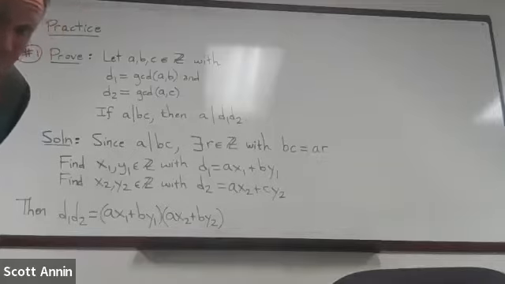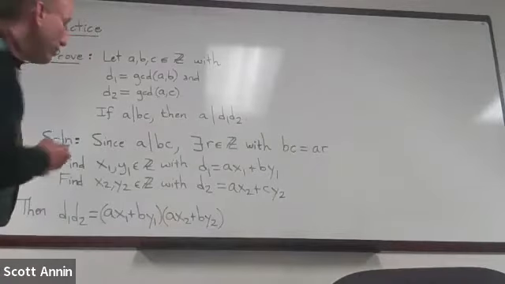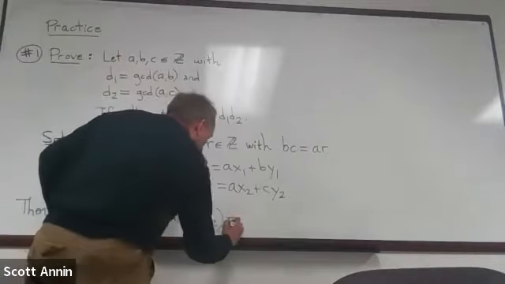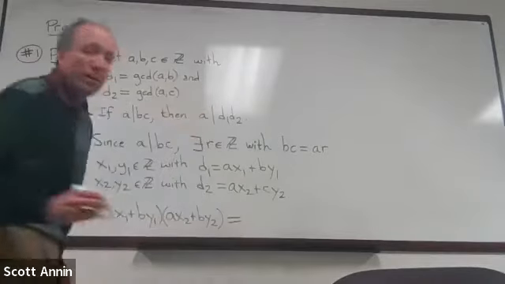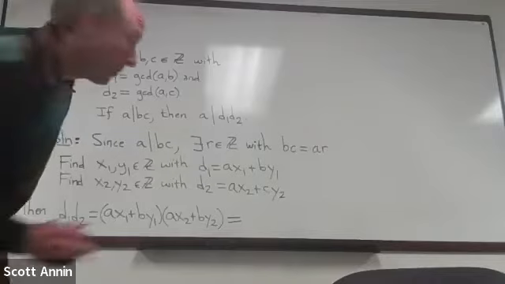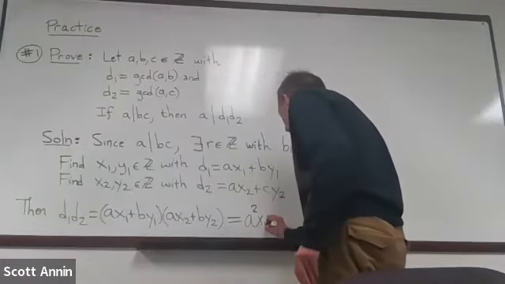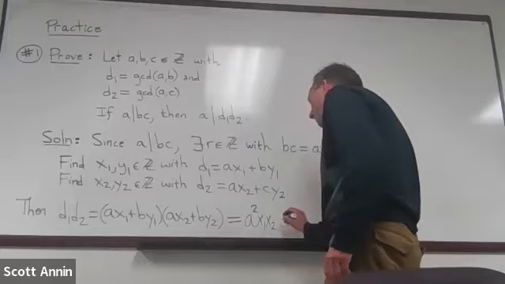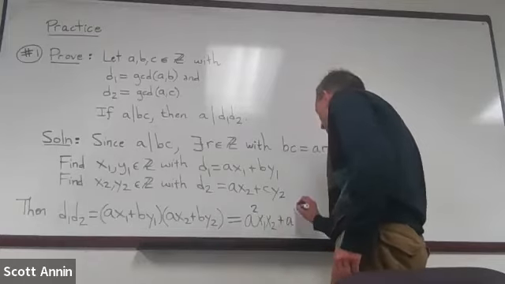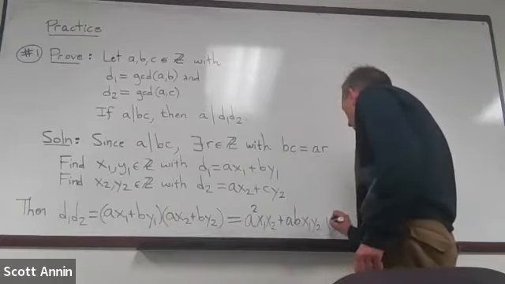And we just need to show that this is a multiple of A. Well, you can see that if you were to multiply this out, most of the terms are going to have factors of A in them. For example, when I FOIL this out, I have A squared X1 X2, I have AB X1 Y2, I have BA Y1 X2.